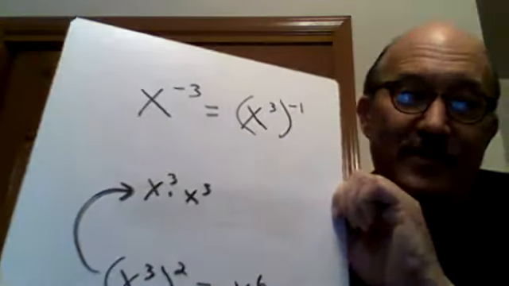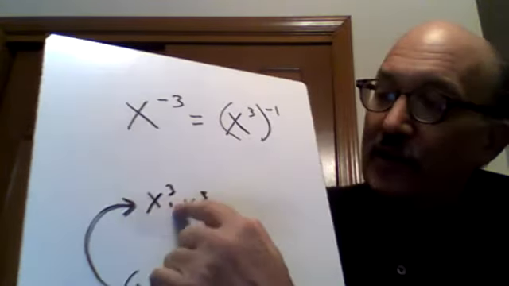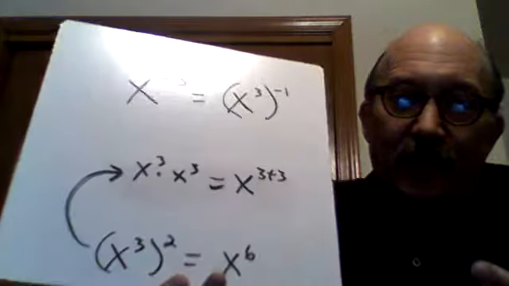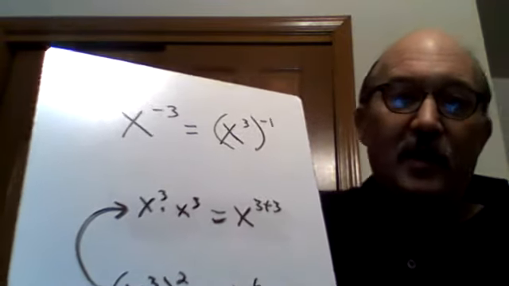Now we're back to a rule number 1 situation, right? This is where we would add the exponents. This is 3 x's multiplied together times another 3 for a total of 6, where we would add the 2 exponents. But rather than look at it that way, we can take a shortcut and just do 3 times 2 to get the 6. So a little review of rule number 1 and rule number 2. And rule number 2 is valuable.